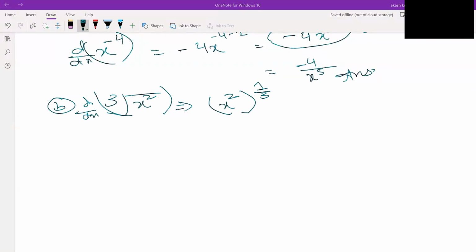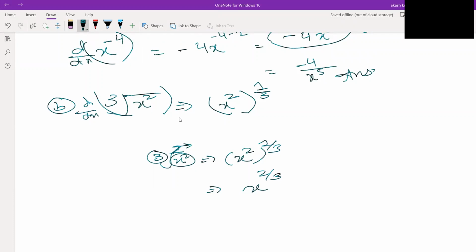If we remove the cube root, there will be x square as it is, and 1 over 3 for removing the cube root. So it will be 1 over 3. Can we write it like this: 2 multiplied with the power 1 over 3, so it will be 2 over 3, right?